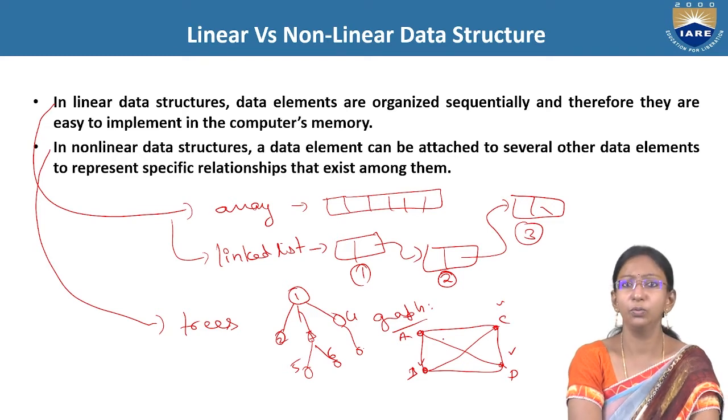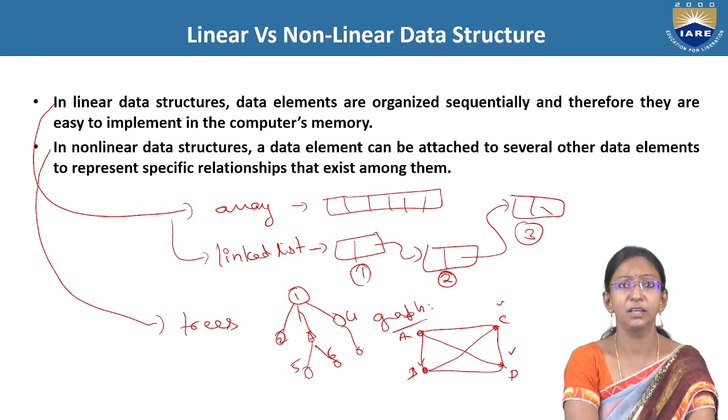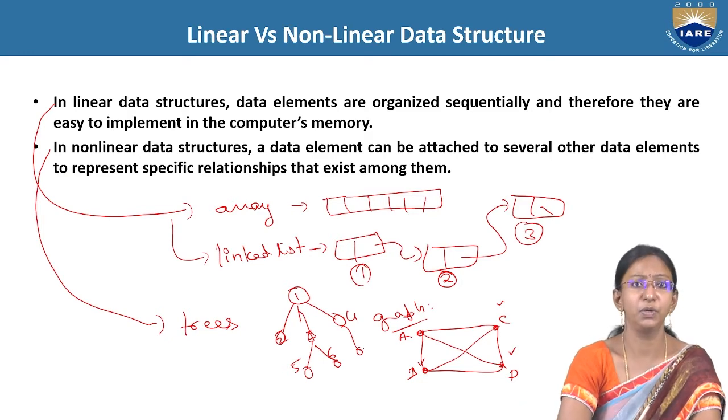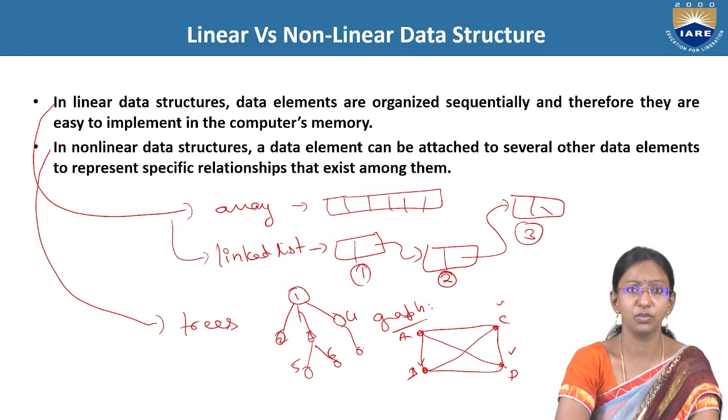So there is no one-to-one cardinality in the case of nonlinear data structures, but the cardinality is one-to-one in the case of linear data structures. That is the basic difference between these two types of data structures, right?